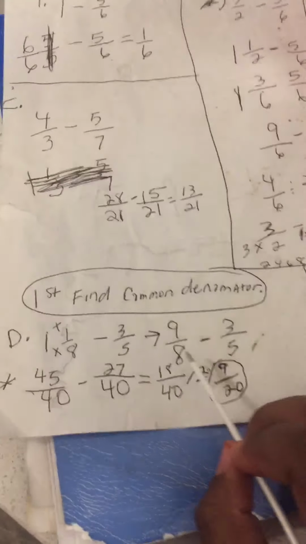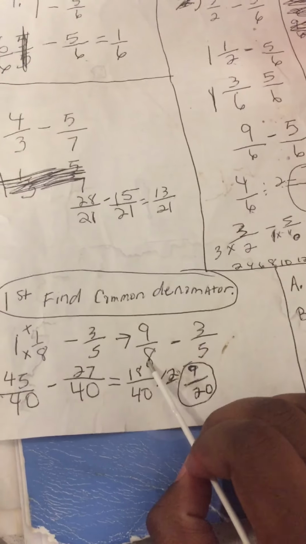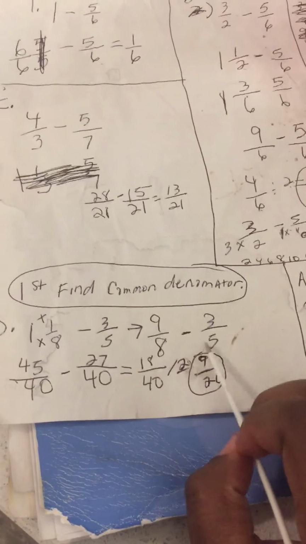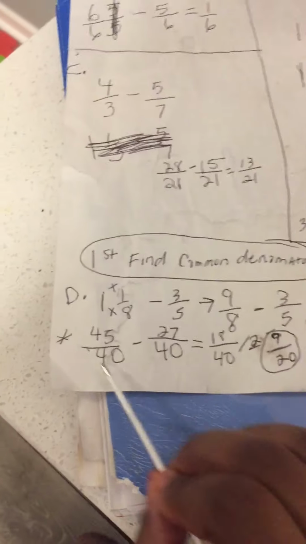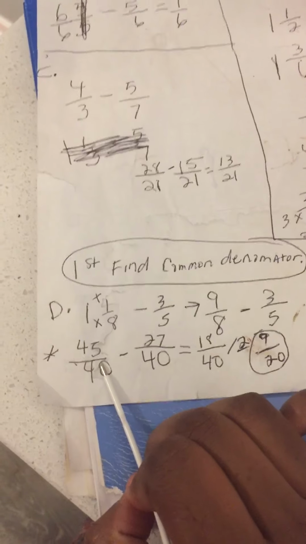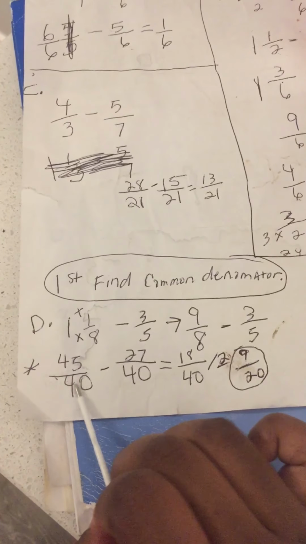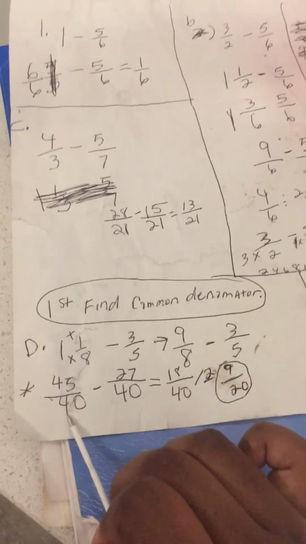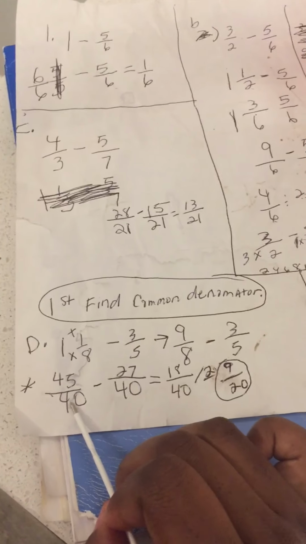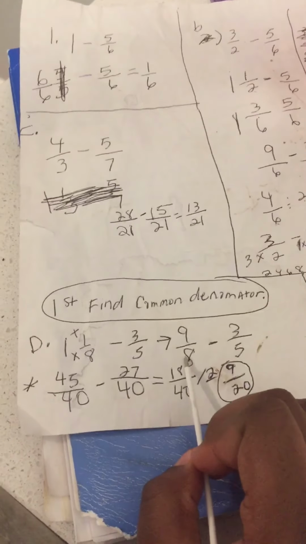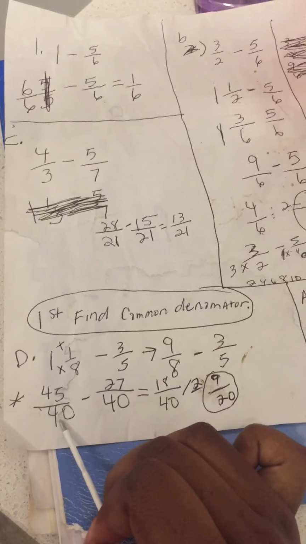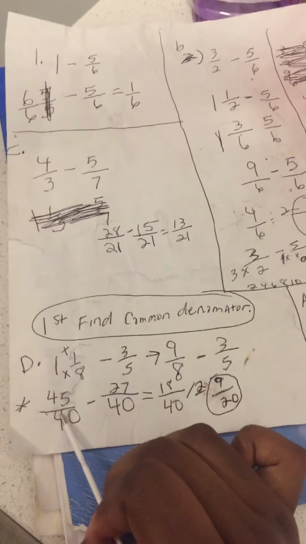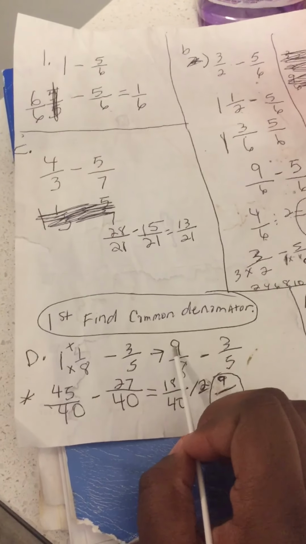So you can't subtract 8 minus 5. The common denominator that 8 and 5 have together is 40. So now we put 40 on both sides, 40 and 40. And now, how did we get to 40 on this side from 8? How many 8s go into 40? 5. So we got to multiply 5 times that top number.